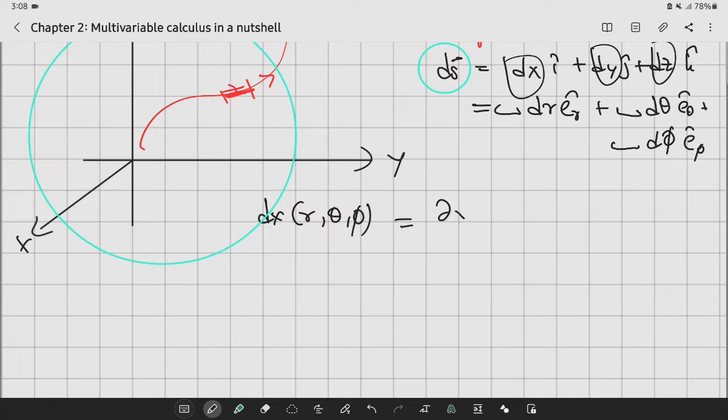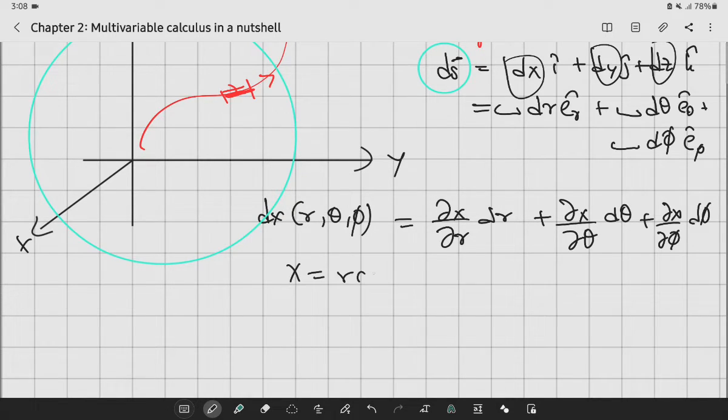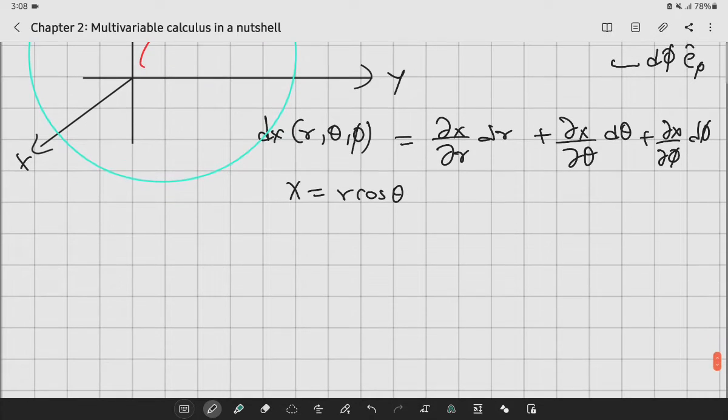So I have partial x over partial r dr plus partial x over partial theta d theta plus partial x over partial phi d phi. Now x, we know, in the spherical coordinates is r sin theta cos phi. So partial x over partial r is cos theta dr, the differential element of dx in the spherical coordinates.